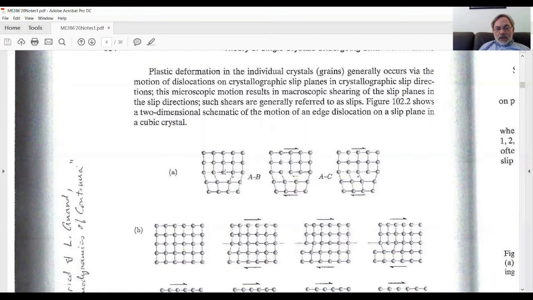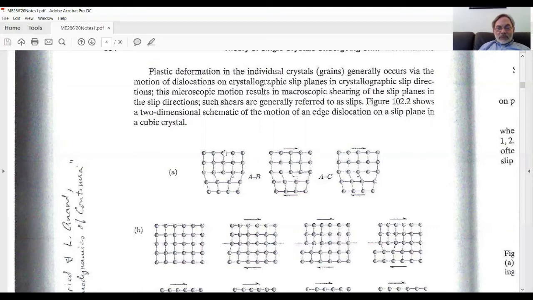That bond will break. Meanwhile, this atom is in closer proximity to this one as this shear displacement occurs, and a bond is formed between these two atoms in lieu of the bond which is broken. So we now have a bond between those two atoms, whereas the previous bond is broken.